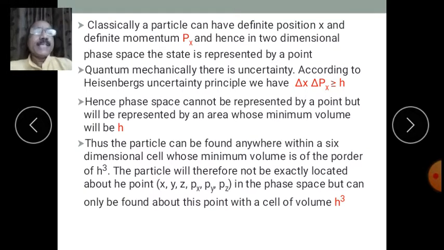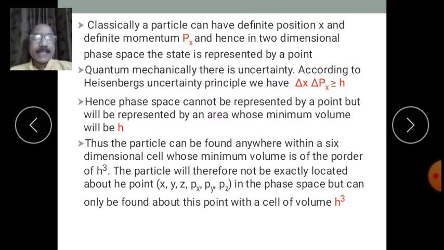So in this video, we have studied what is meant by a phase space, isn't it? We started with a Cartesian coordinate system in which we represent position of a particle. Then we extended our imagination to momentum space, where every point in the momentum space represents the momentum of the particle.